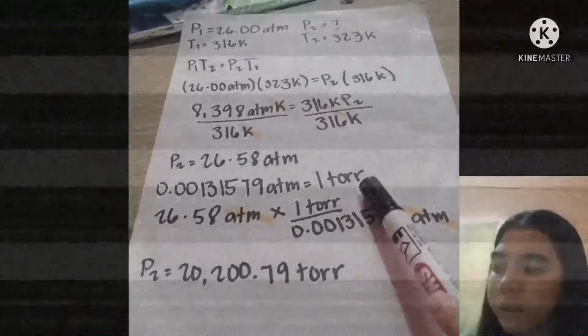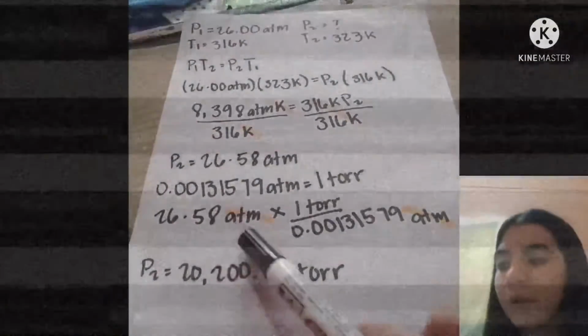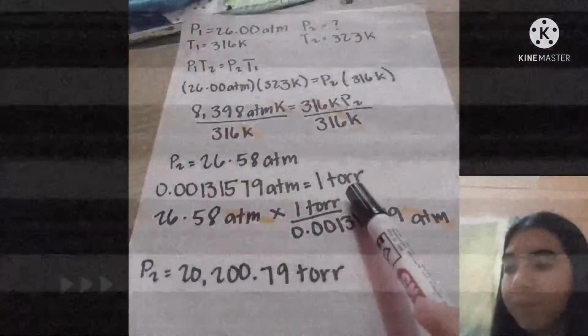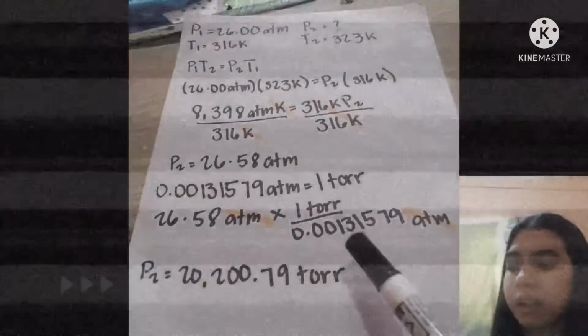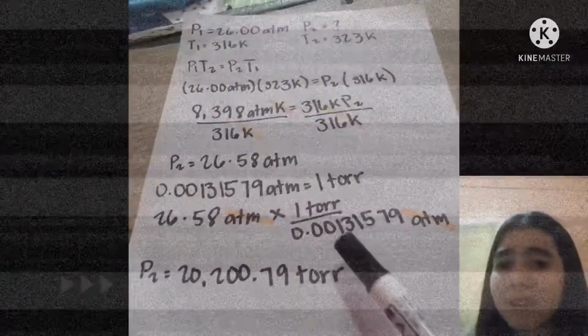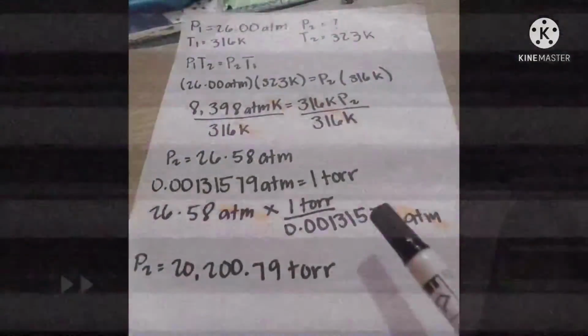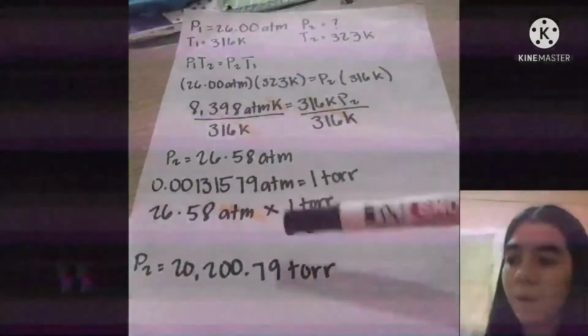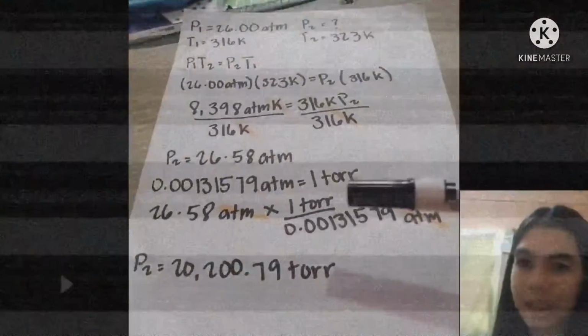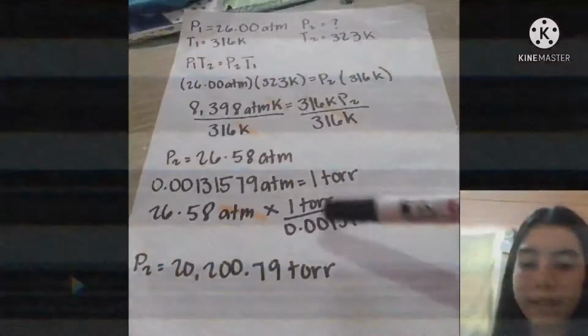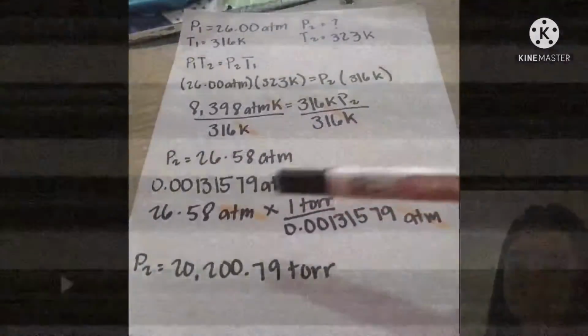So, yung ating 26.58 atm, imumultiply natin siya kay torr and i-divide natin siya kay 0.00131579 atm. So, the answer will be 20,200.79 torr. So, ito na yung ating final pressure.